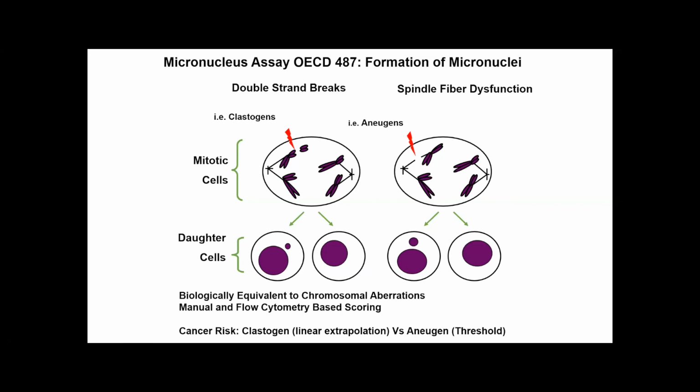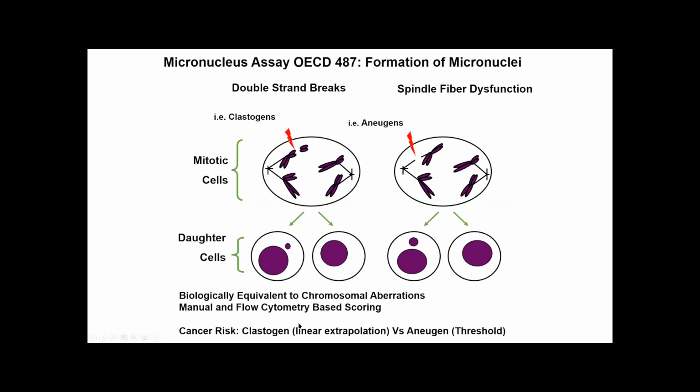So this was a big discovery because you were able to basically take mitotic cells and then score these. These are biologically equivalent to chromosome aberrations. You can do this manually, or you can actually do it by flow cytometry. And again, we still have clients that want manual scoring, which is mind-boggling.